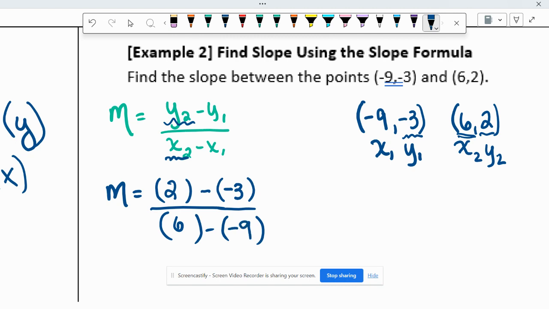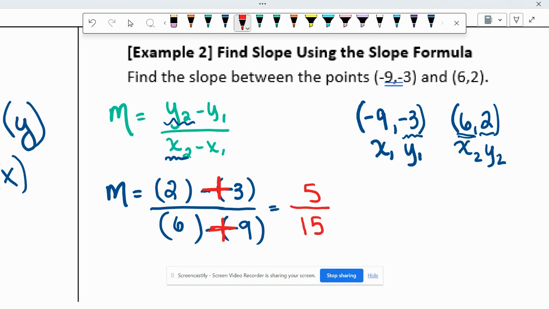Good job. So what do we know about minus and negative? What happens when we have minus and negative? Yeah, we turn that into a great big plus sign. So I really have 2 plus 3 in the numerator, which is 5, and 6 plus 9 in the denominator, which is 15.